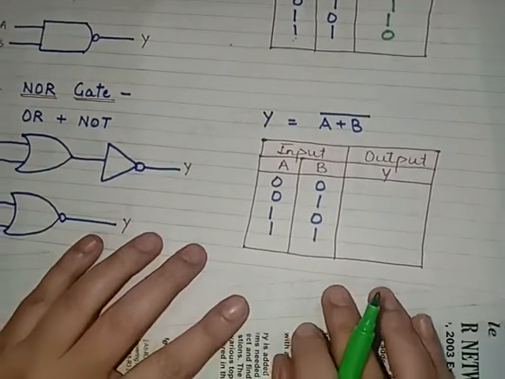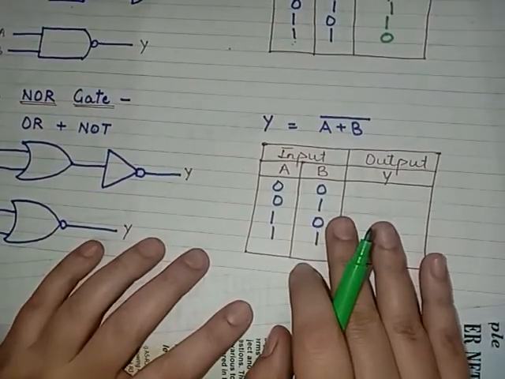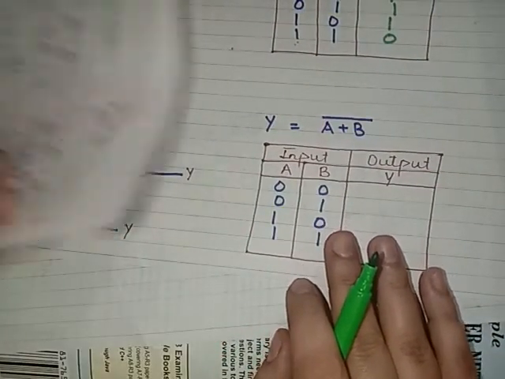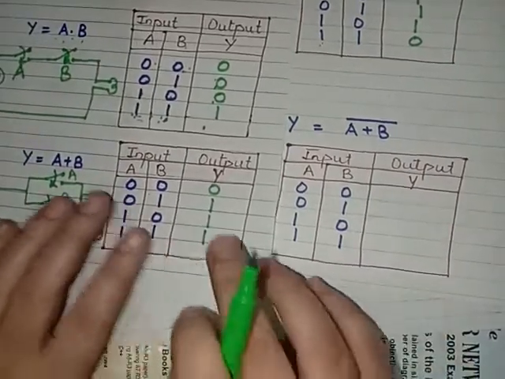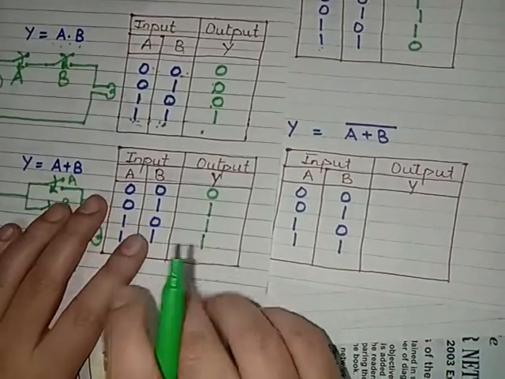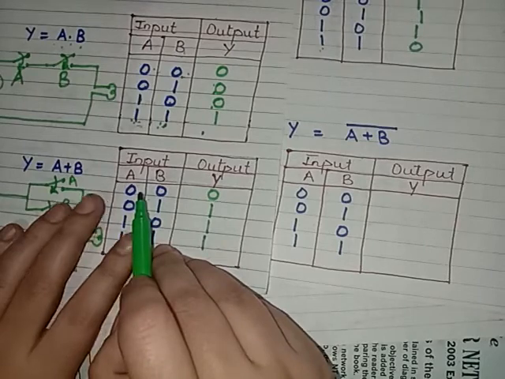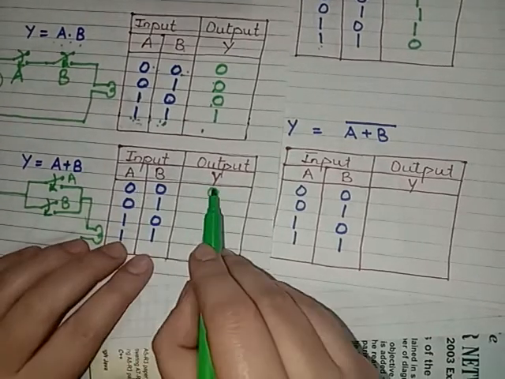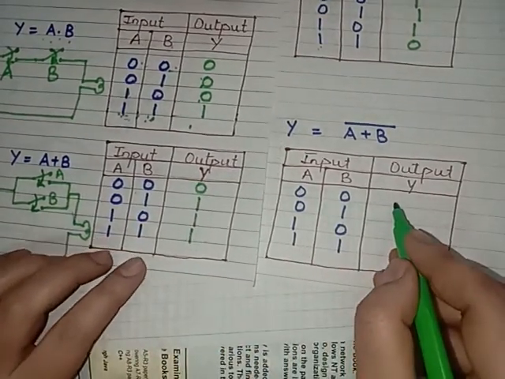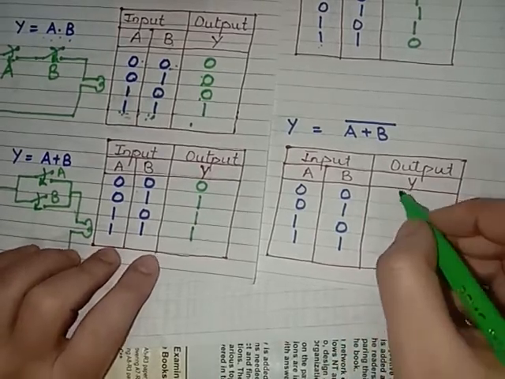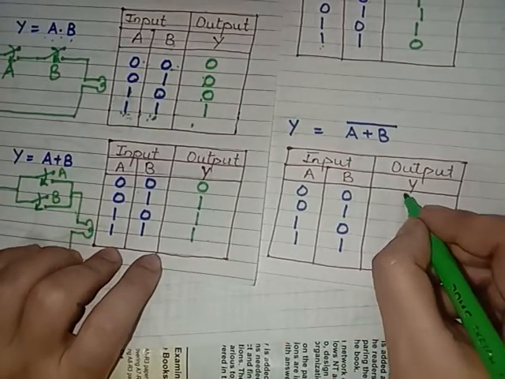So again, for the relation of the outputs and the inputs, we will compare with the truth table of the OR gate. Here, when the inputs were 0 0, the output was 0. But in the case of NOR gate, we again take the complement, which means the output will be high.